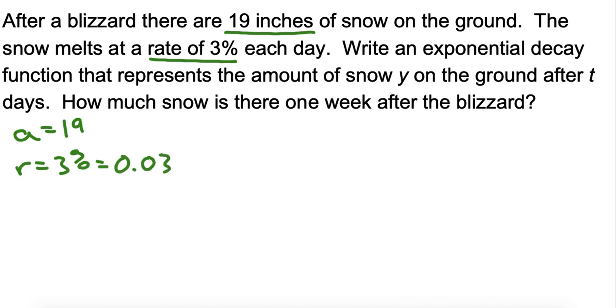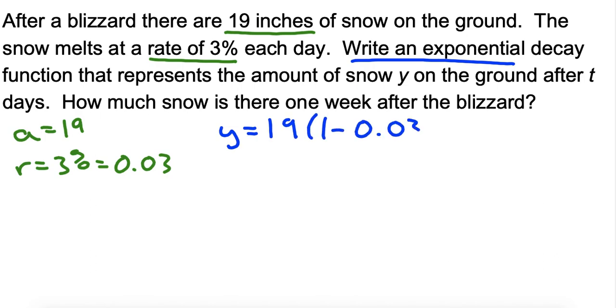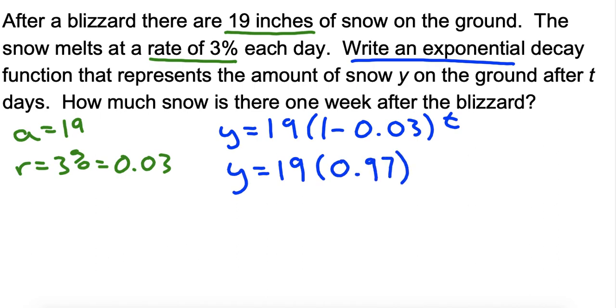So we're going to write our function first off. So y is equal to 19, 1 minus 0.03 to the t. So make sure this time that you actually subtract. 1 minus that means I should get something smaller than 1. That's how we know that it is decay, because that thing in the parentheses is smaller than 1. So there's our function.